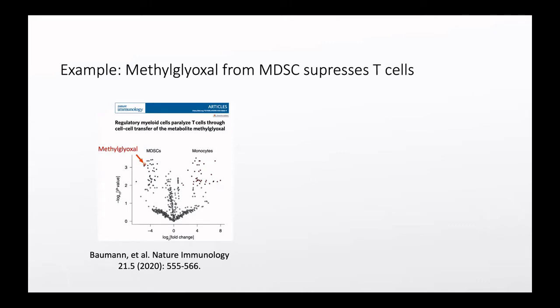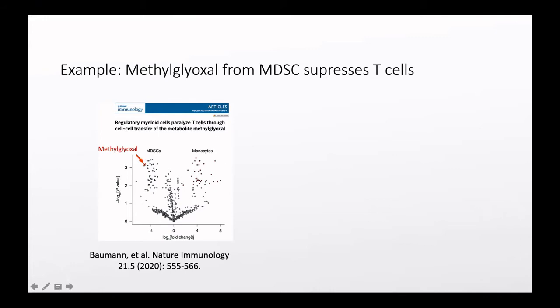This paper was published about 2 months ago by a German group. It's actually a very nice paper. The metabolomic data showed that methylglyoxal is secreted by myeloid-derived suppressive cells, and it actually gets into T cells to suppress T cell functions.